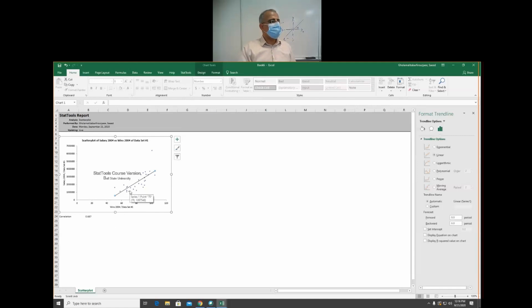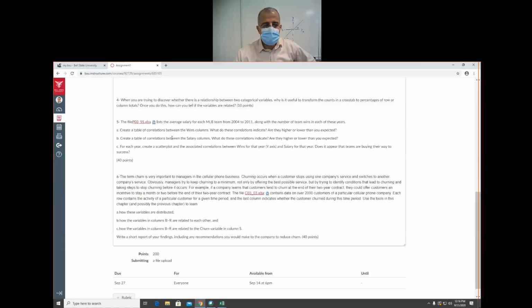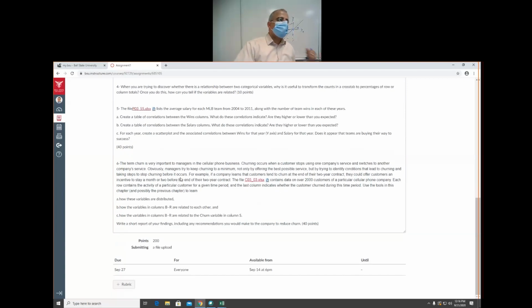So correlation is all about the relationship, whether there is any relationship or not, or if there is a relationship, is that relationship linear or non-linear, and etc. This is for the third part, and you can check all pairs of variables like wins and salary in different years. Any questions about this question?